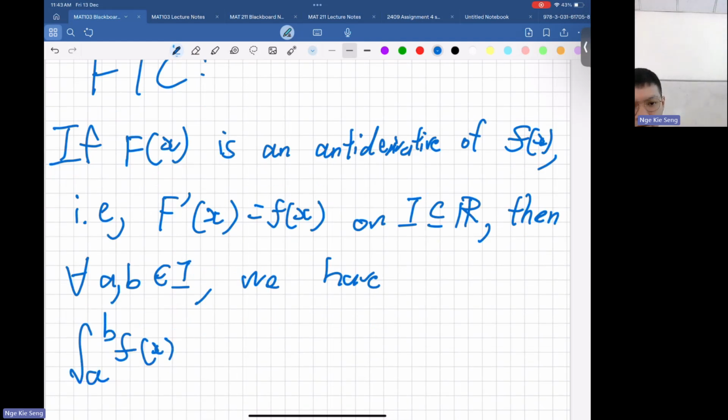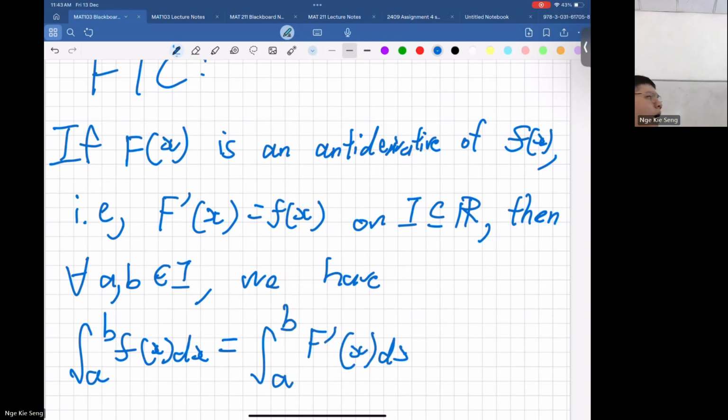But how do we do it? It's just to integrate this F prime(x). Because capital F is the antiderivative of f, what is this? So this is the main point here.